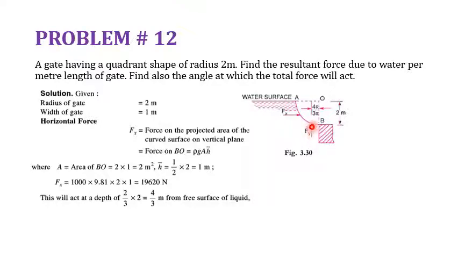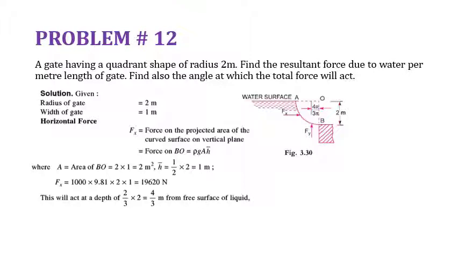As we know, the force exerted is always perpendicular to that surface. So Fy will be the vertical force and Fx will be the horizontal force directed towards the gate. And the radius of the gate is 2 meter. It was given in the statement as well.